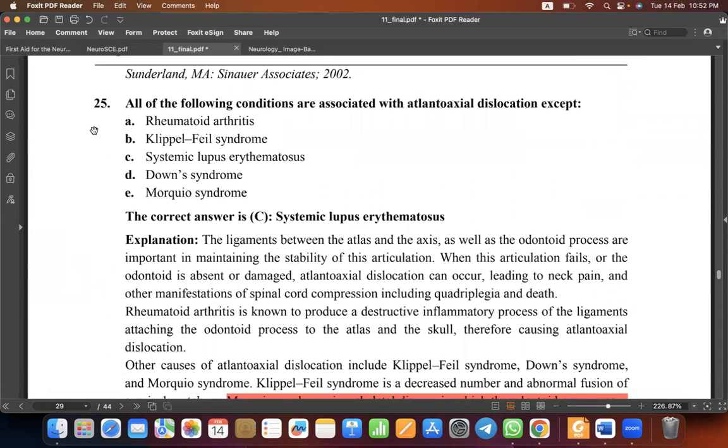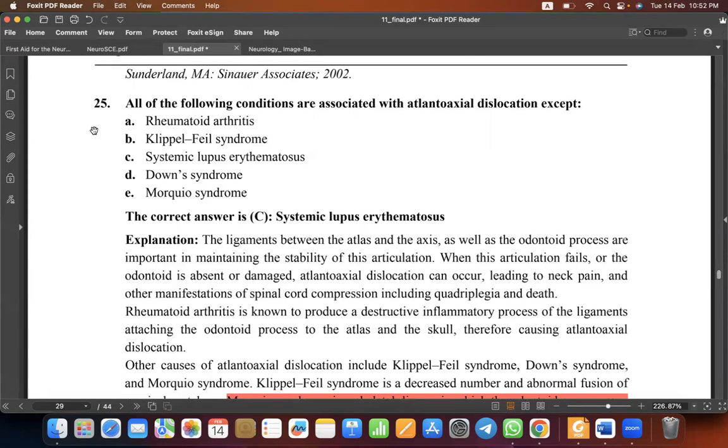So whenever we think about atlantoaxial dislocation, we should think about certain conditions as well. Okay, the ligaments of the atlas and axis and the odontoid process are very important to maintain stability. If the ligament or articulation fails, or the odontoid process is absent or damaged, there will be atlantoaxial dislocation.